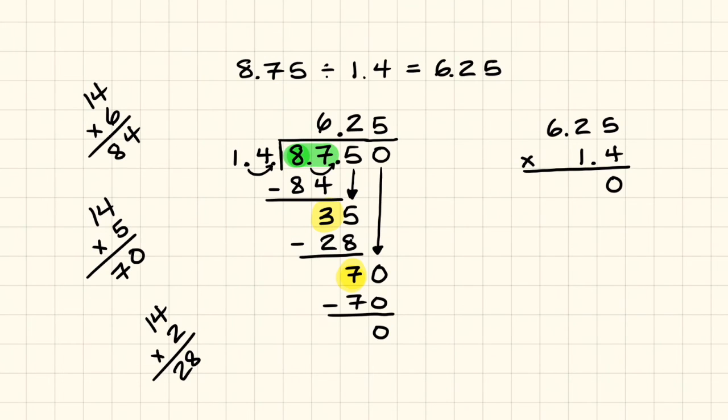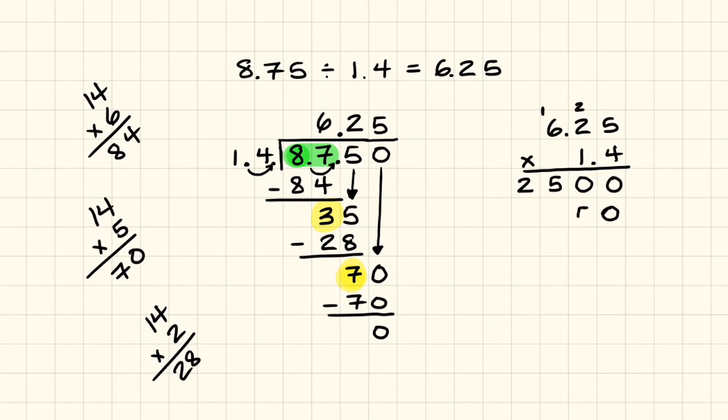5 times 4 is 20. I'm going to regroup my 2. 2 times 4 is 8 plus my 2 is 10. Regroup my 1. 6 times 4 is 24 plus 1 is 25. Again, notice how I'm really intentional about placing 1 digit per box. It helps keep me straightened up. On the second row, I know I'm multiplying not by the single digit but by a 10, so I need to add my placeholder 0.